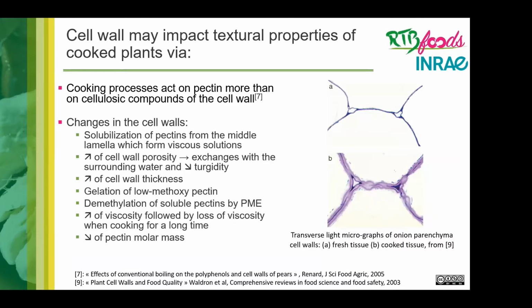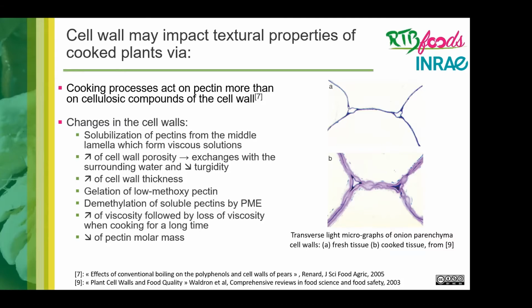Here you have a picture of raw and cooked onions. During cooking processes, especially during boiling, you will have a solubilization of the soluble pectins from the middle lamella, and they form a viscous solution.